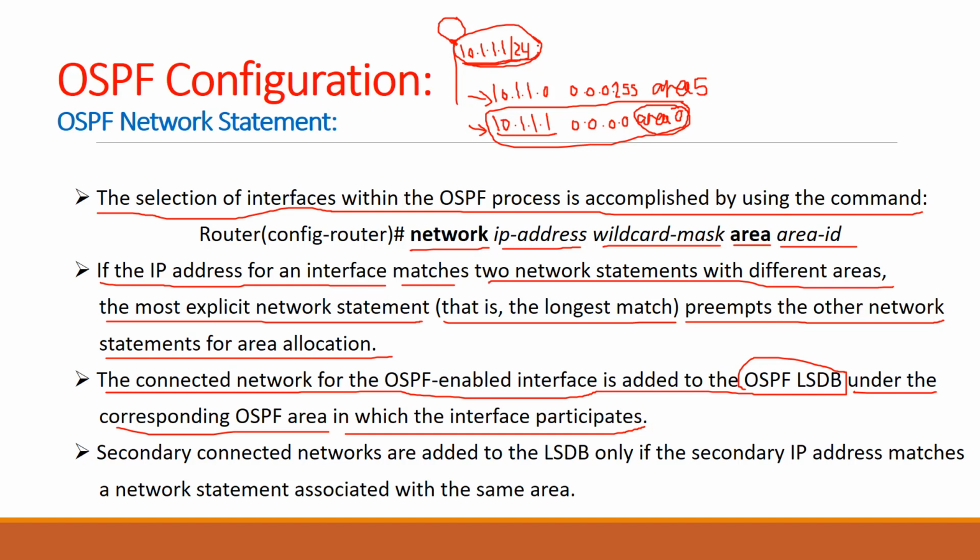So this subnet will be in area 0. Secondary connected networks are added to the link state database only if the secondary IP address matches a network statement associated with the same area.